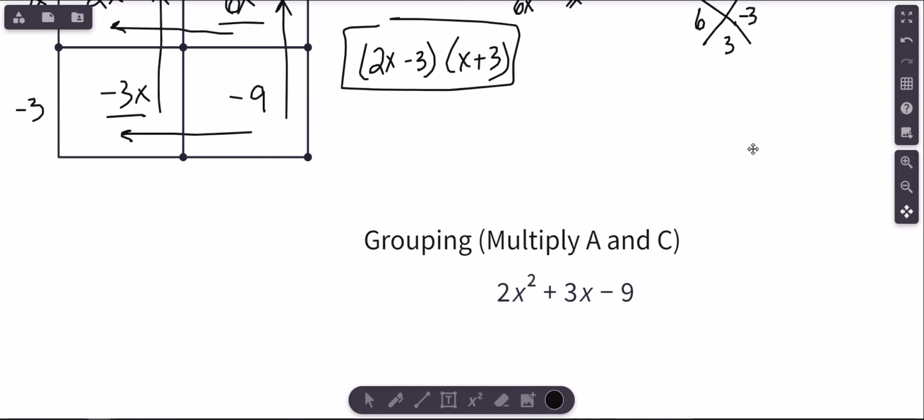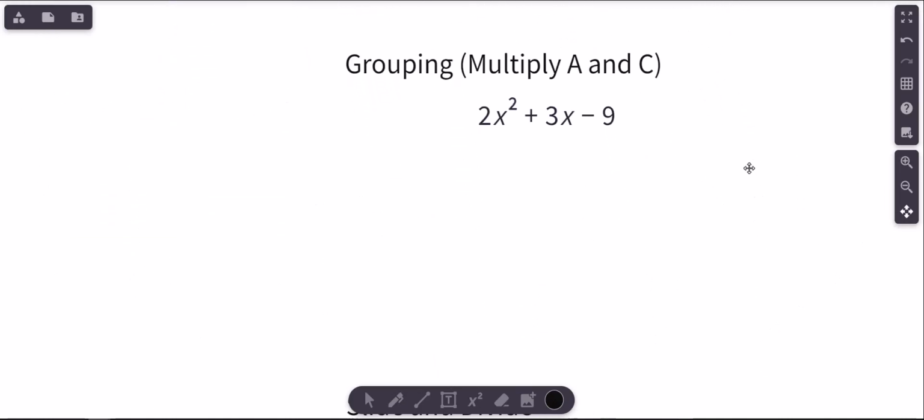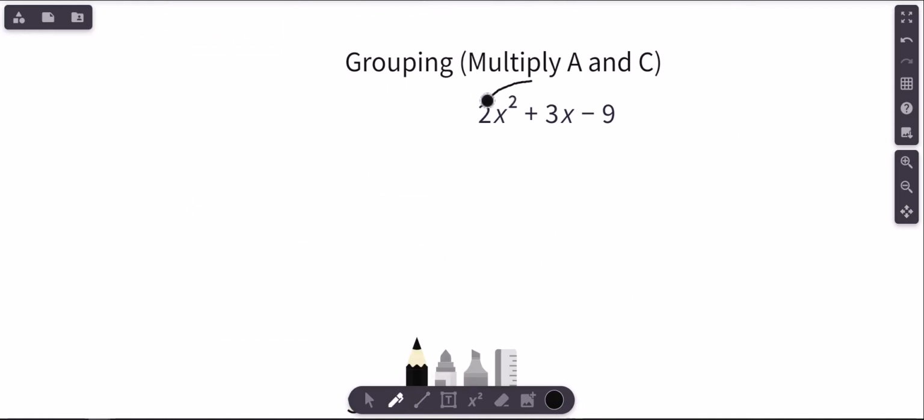For our other methods, we've got grouping. For factor by grouping, we're still multiplying a and c together, so we're still doing that same thing that we did before. We're still going to look at two numbers that multiply to negative 18, so have a product of a and c, but add to give us 3, our middle term.